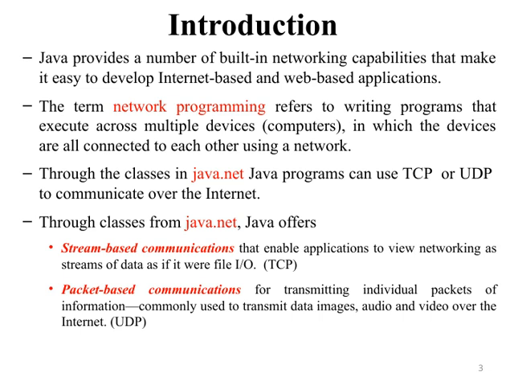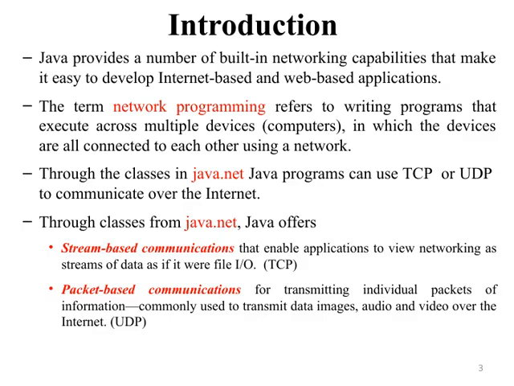In Java, we can leverage the classes in the java.net package to facilitate this communication, whether it's over TCP or UDP protocols. With TCP, Java provides stream-based communication, which treats data as continuous streams, similar to reading and writing files, making data transfer reliable and ordered.